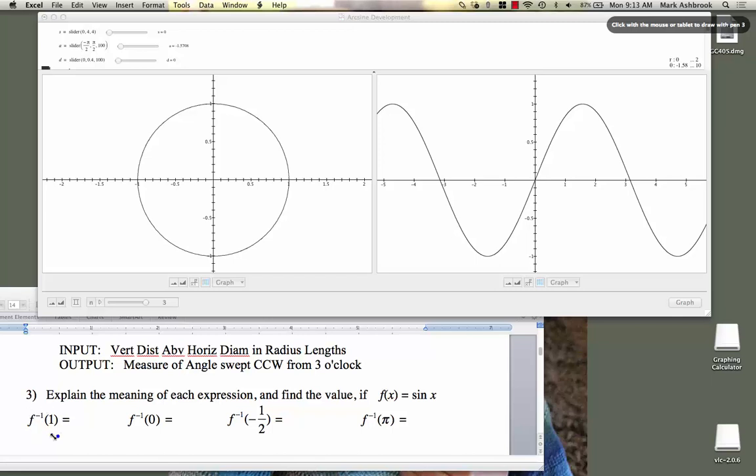He's saying that thing means the measure of a certain angle. Agree with that? And which angle is it? Yeah, so it's the measure of the angle corresponding to a vertical distance above the horizontal diameter of 1. So let me show that here.